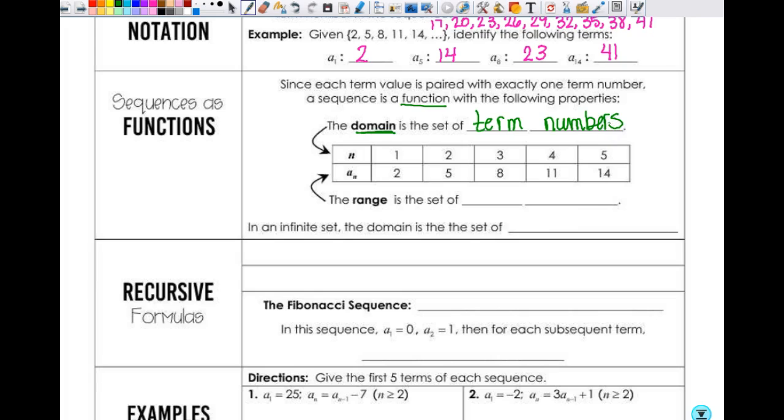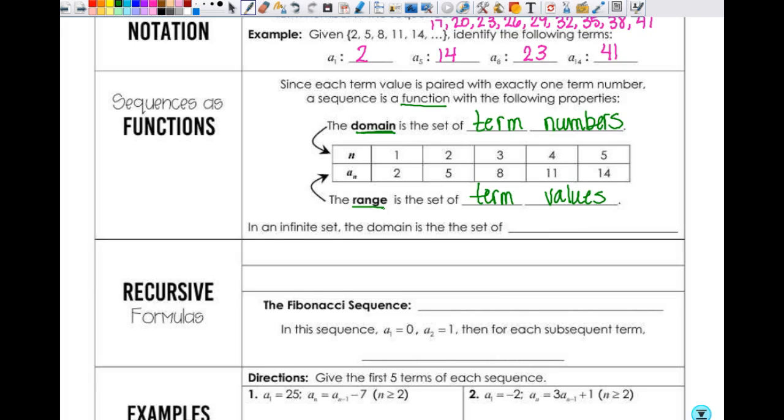So 1, 2, 3, 4, 5, it's always 1, 2, 3, 4, 5. That doesn't change. The actual values, the term values, that is my range.